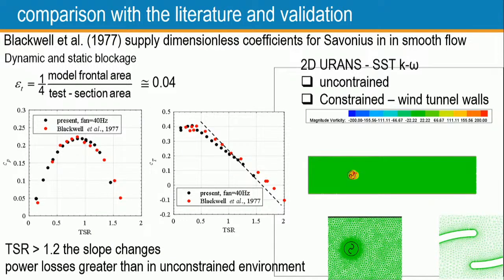We then carried out a very deep investigation to check and validate results, also using numerical simulations, URANS, and also comparing results with the very classical findings by Blackwell in 1977 on similar Savonius.